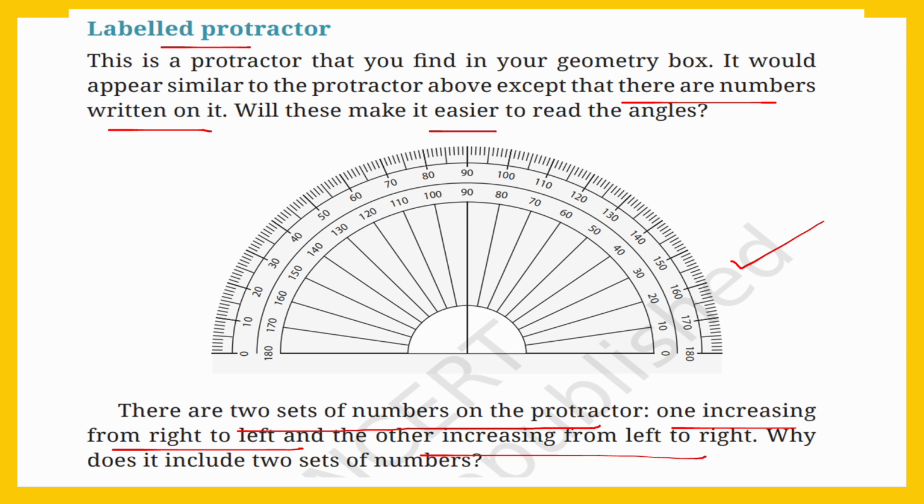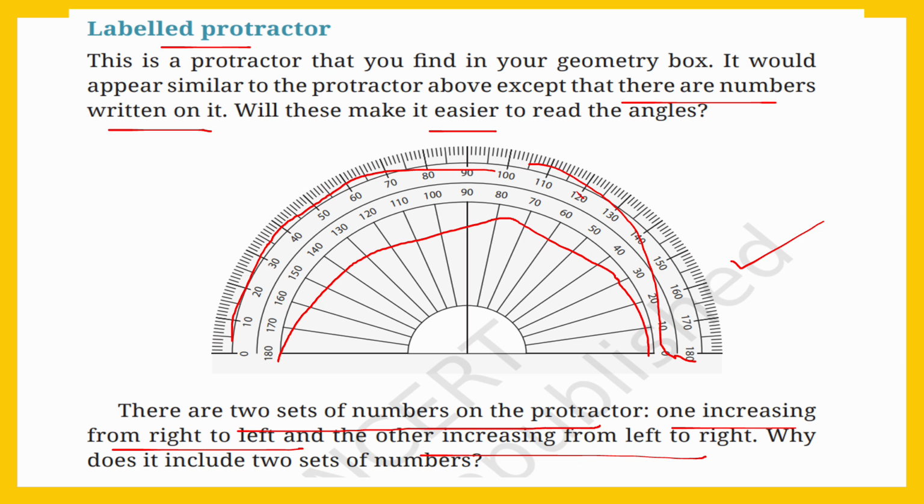One is increasing from right to left: 0, 10, 20, 30, 40, 50, likewise up to 180. And the other is increasing from left to right: 0, 10, 20, 30, 40, 50, up to 180. So, we have two sets of numbers here.